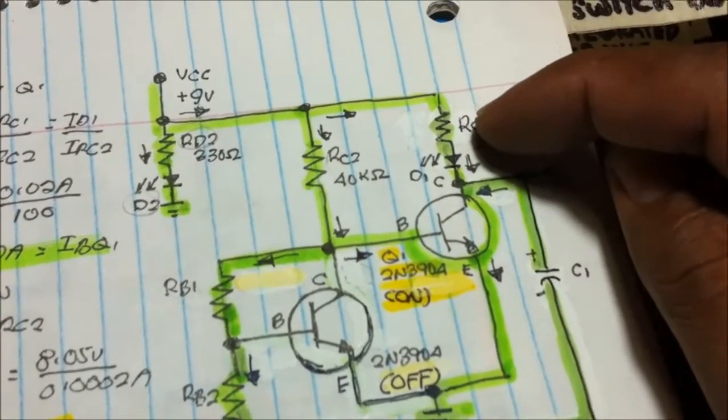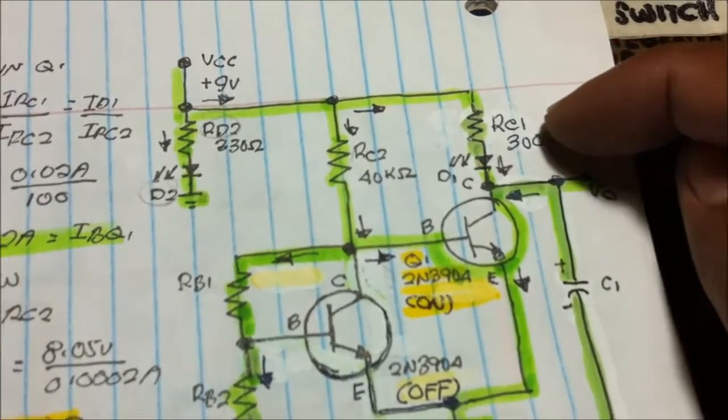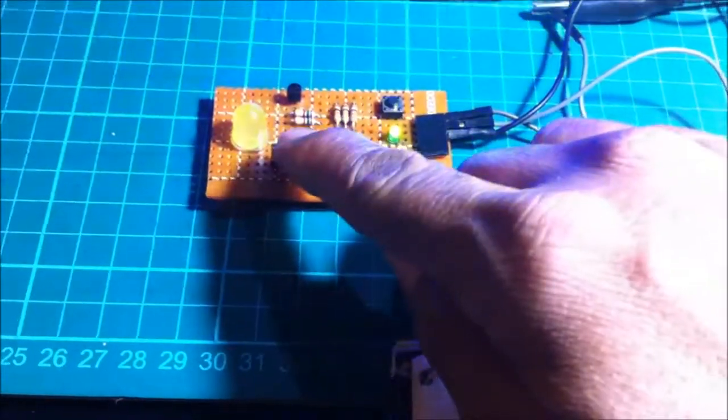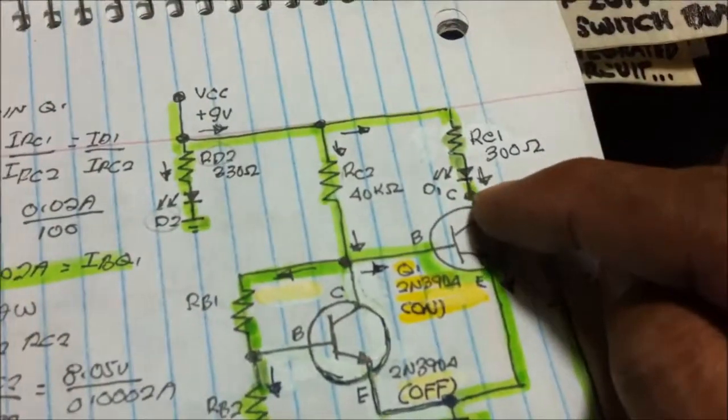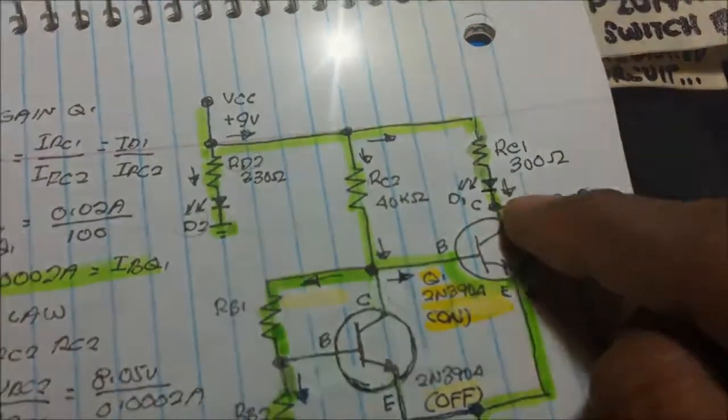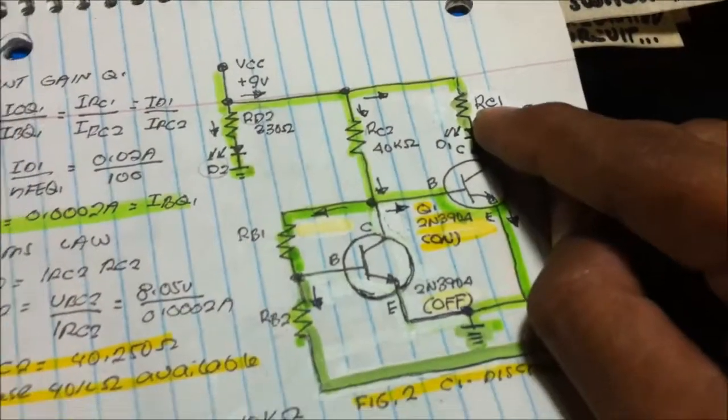In this circuit, the resistor is in series with the D1 LED, the output LED. Then the current in series is equal. And the current at D1 is also equal to the current at RC1.